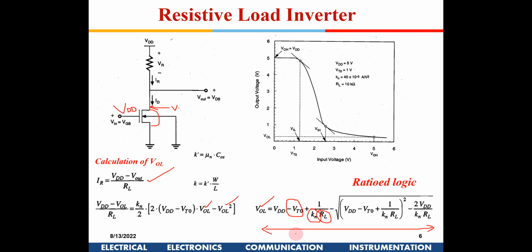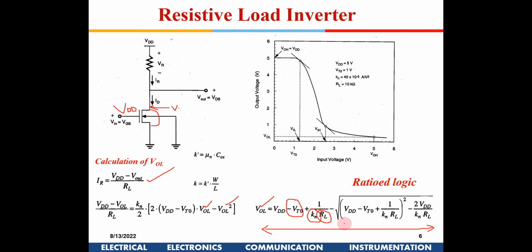Is this clear to all of you? Yes, tell me. Sir, VOL comes into play in the triode or linear region, and VOH comes into play in the saturation region. Correct. And sir, suppose with the VGS we are increasing the amount of VOL. Suppose some noise is there, and some amount of VOL is there, and it is such that VIL is there.